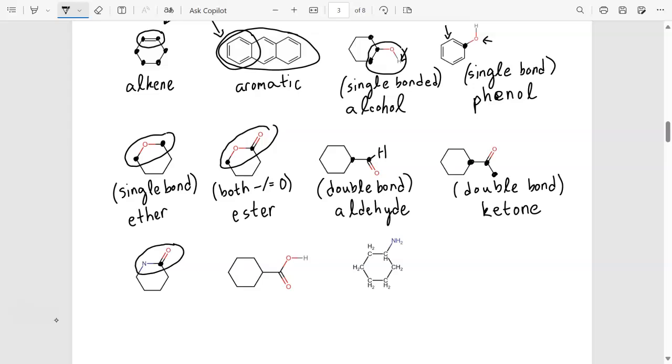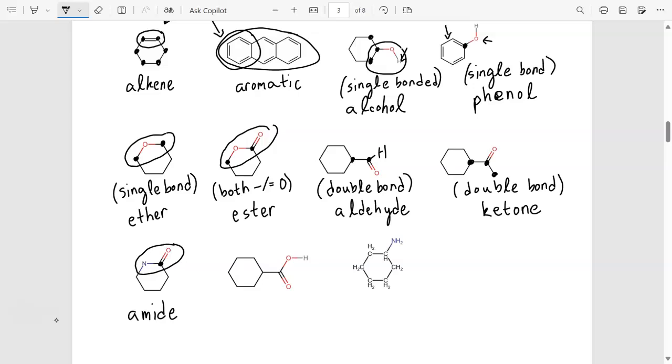It's either an amine or an amide. Remember, amines have just nitrogens with carbons surrounding them, and there's no carbonyl group attached to those carbons. But with an amide, I have the nitrogen attached to a carbon that is part of a carbonyl group. And I do have that this time, so that is an amide.